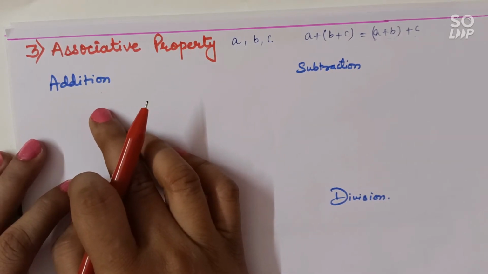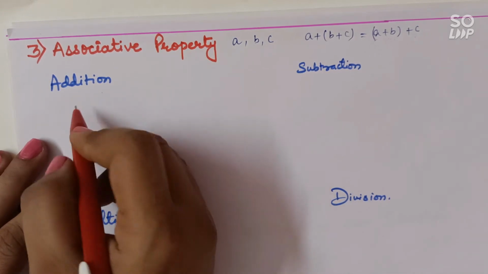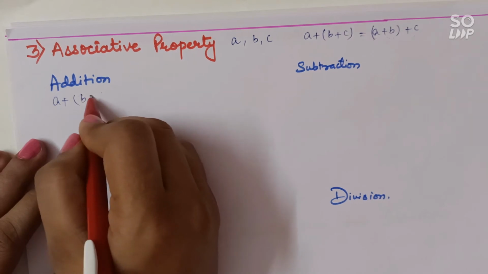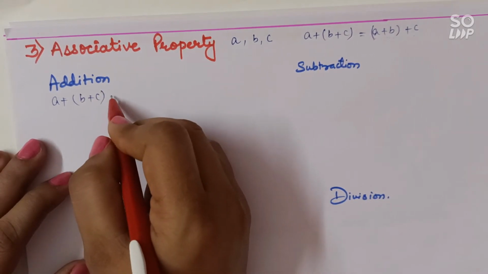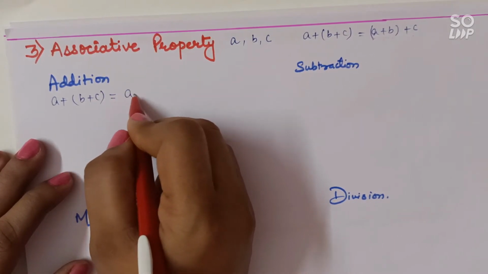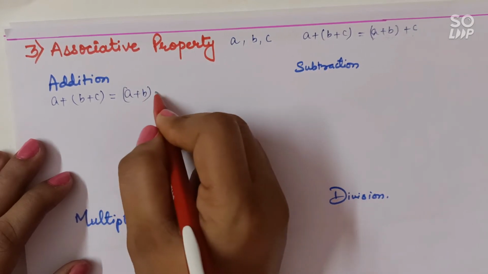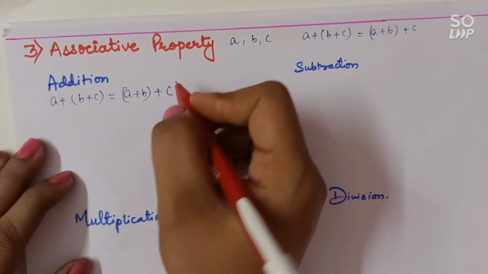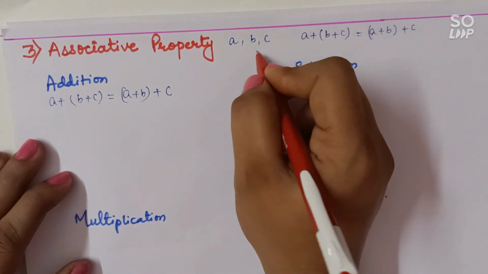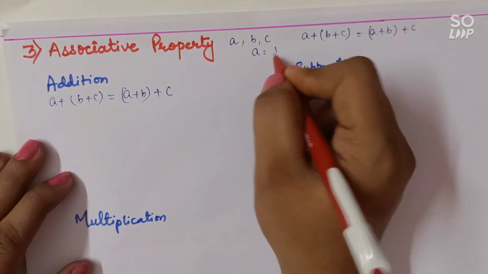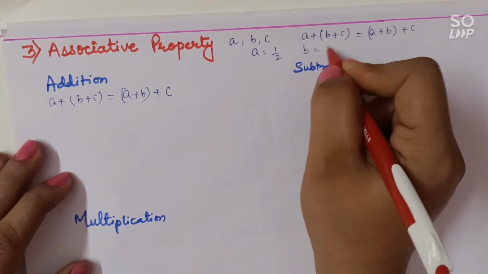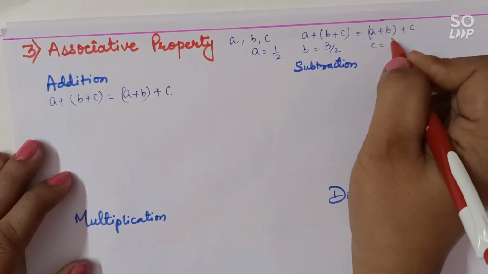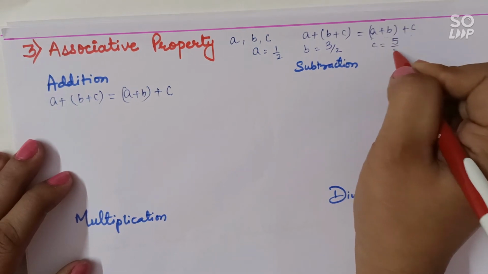So over here it is like A plus B plus C should be equal to A plus B plus C. So let's take A over here. I'm taking A as 1 by 2, B as 3 by 2 and C as 5 by 2.